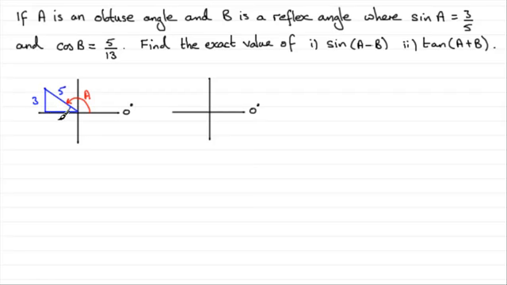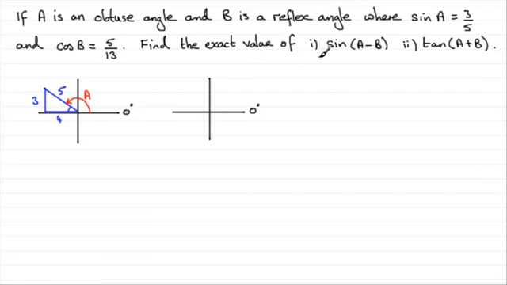Although you should know this is a well-known triangle, the 3, 4, 5 triangle, you quite often get these in these kinds of questions. This side turns out to be 4, but as I say, you can do it by Pythagoras' theorem. This side is the square root of the hypotenuse squared, 5 squared, minus 3 squared. 25 minus 9 leaves you with 16. Square root it and you get the 4. Okay?